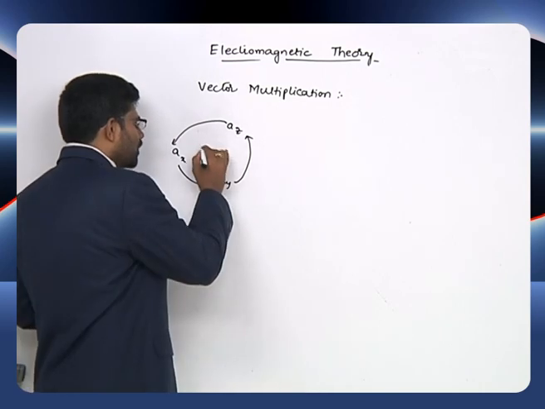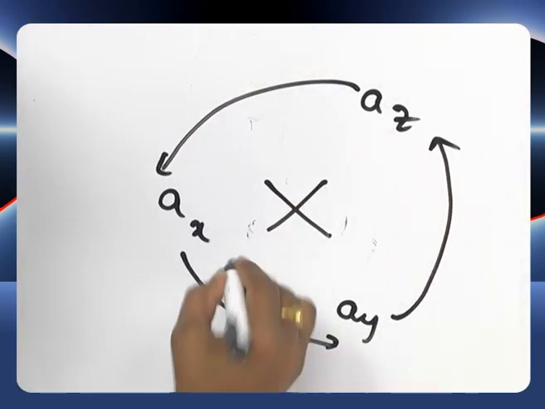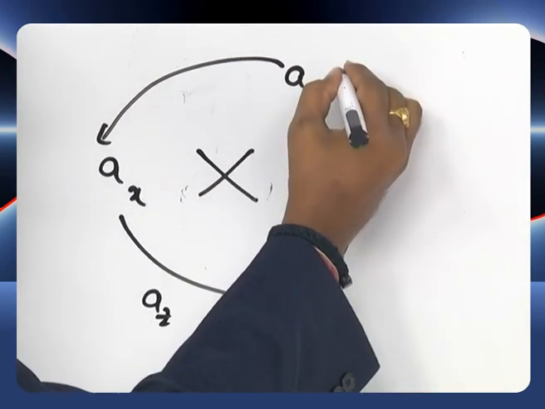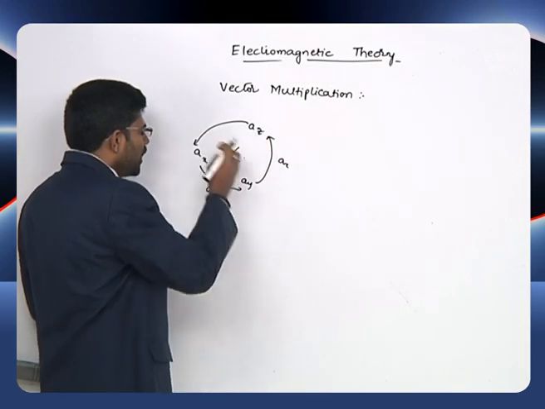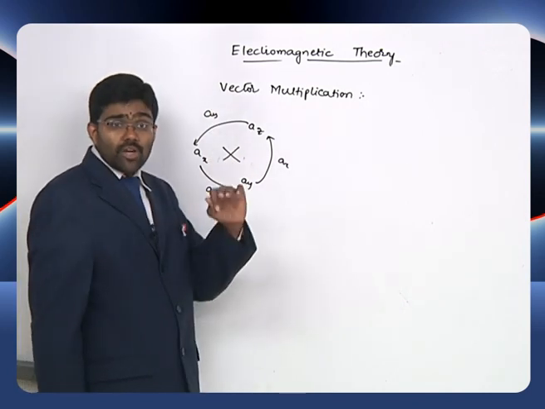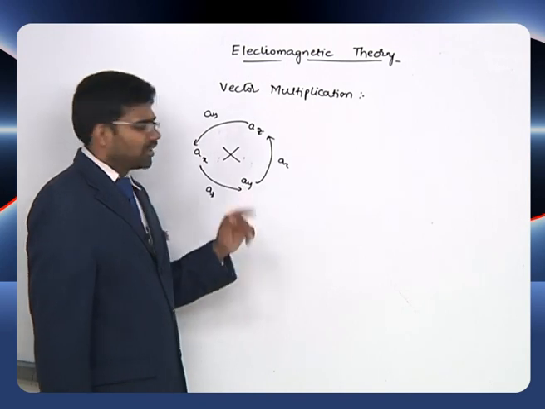If you consider the cross product between them, a_x cross a_y always gives the remaining one, that is a_z. a_y cross a_z always gives a_x. a_z cross a_x always gives a_y. If we are moving in the opposite direction, just consider the negative of that vector, nothing more than that.